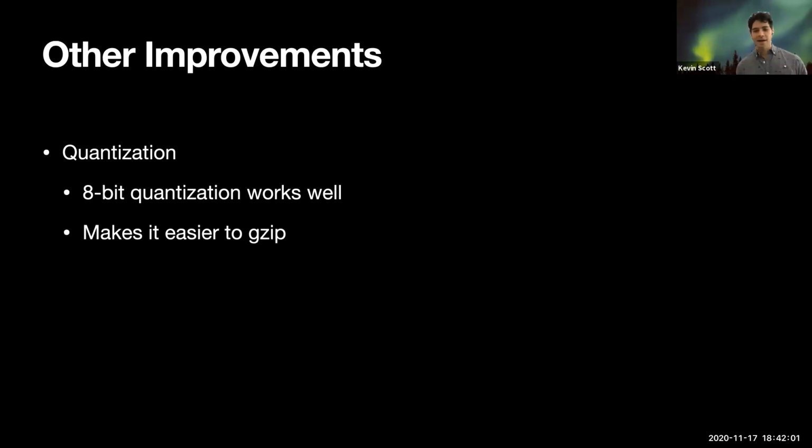I probably should have mentioned this up front. A neural network is a series of weights. Weights are floating point numbers, and they can have some degree of precision to them. So I think the default is 30. I'm not sure exactly. Don't quote me on that.